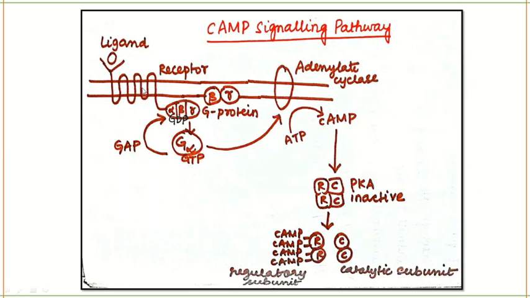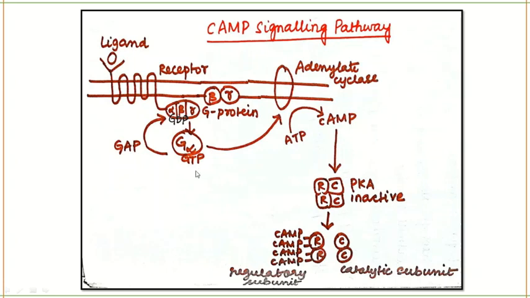The activated receptor will activate the G protein. You know that in the inactive state it will be bound to GDP and it has alpha, beta and gamma subunits, that is, it is heterotrimeric in nature. But when it is active, it will be bound to GTP.